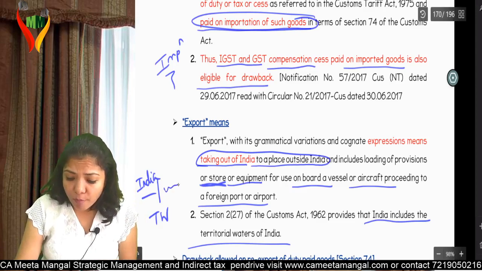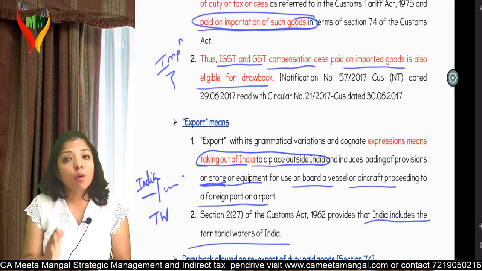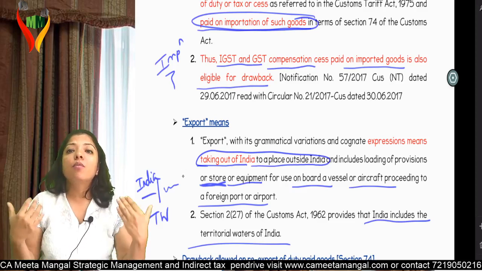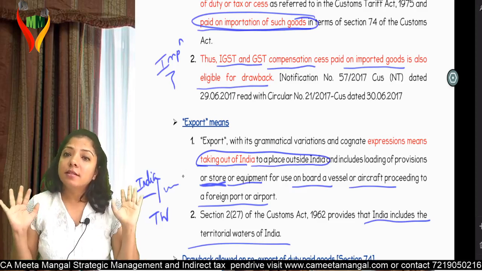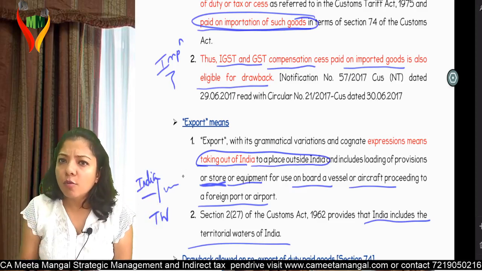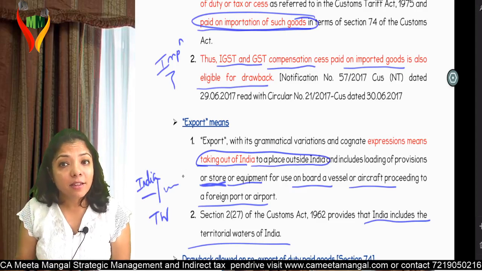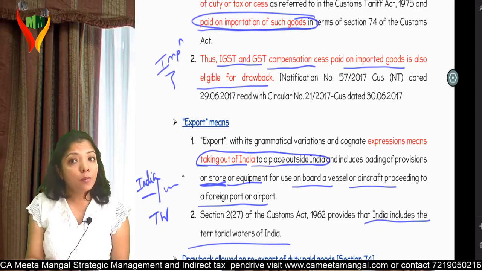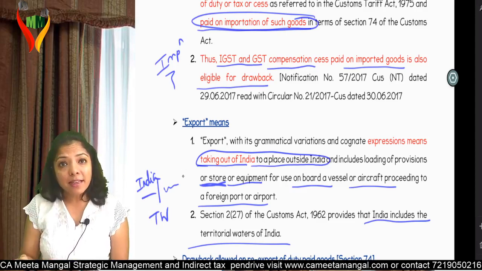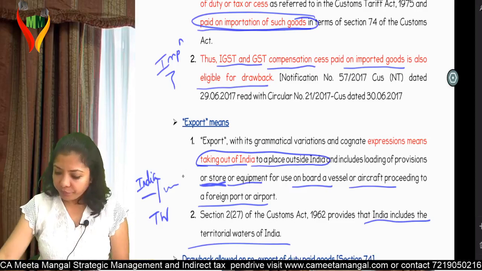That means the moment goods have crossed territorial waters, export is done. The goods are exported. Till the time they are in the territorial waters, it is yet not exported. I hope you're getting my point. Yes, the moment they cross the territorial waters, it is exported. Am I clear?